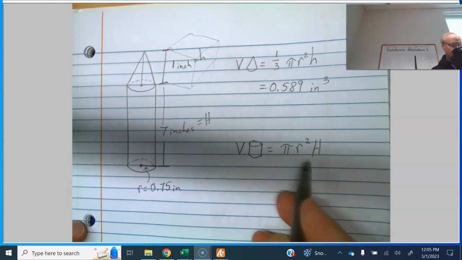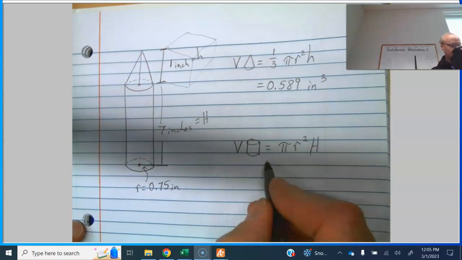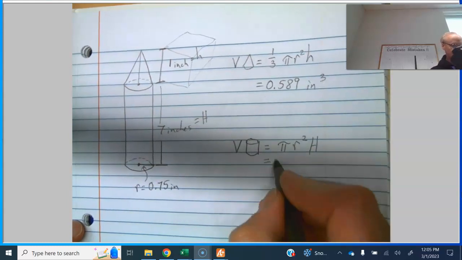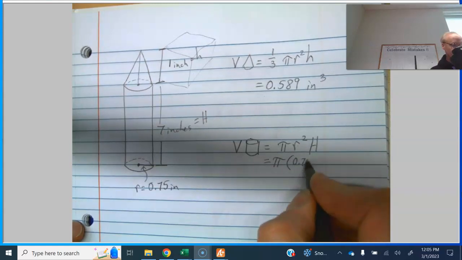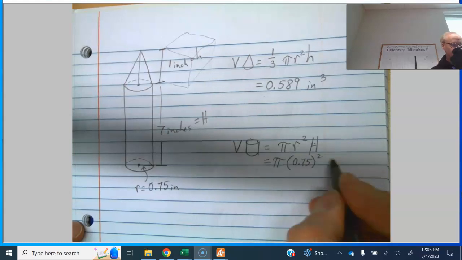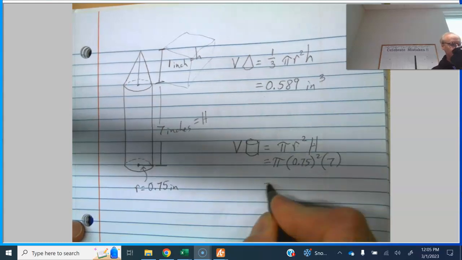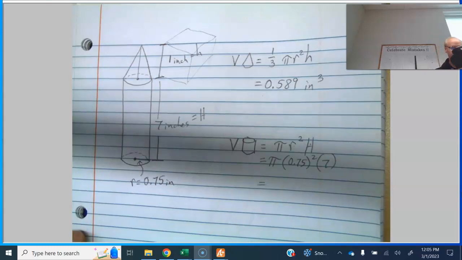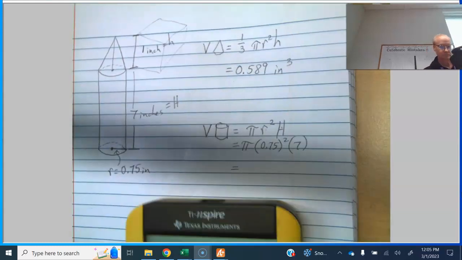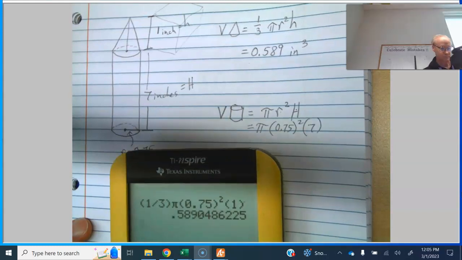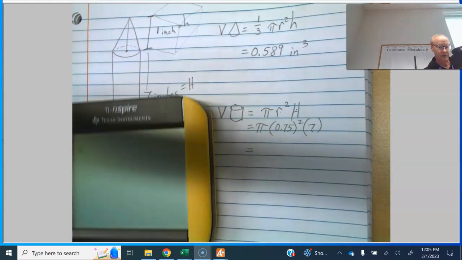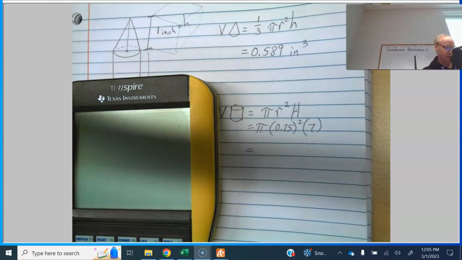All right, try your cylinder now. Don't wait for me. The radius is 0.75, and the height is 7 this time. So I've got pi.